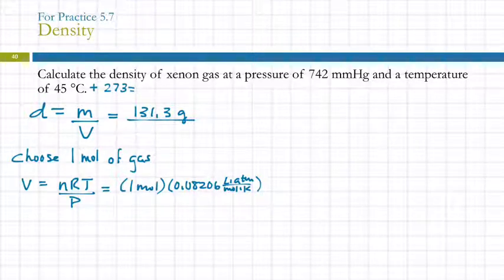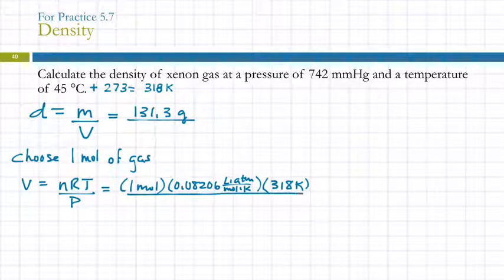If I can't remember what story I'm telling, then I should not do math in my head. 319. No. See, I can't even do it on the calculator. 318 Kelvin. I have to put the temperature in kelvins. So there's my temperature, 318 Kelvin.